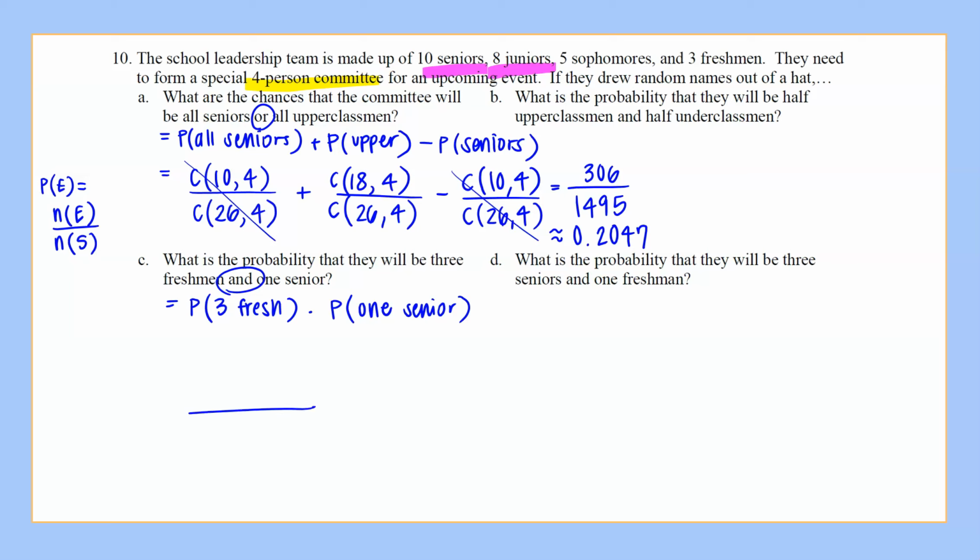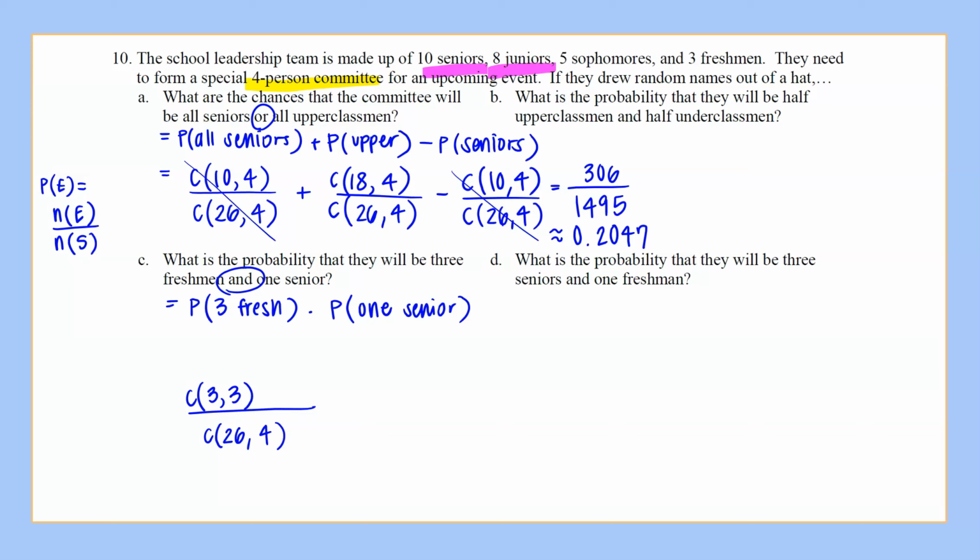For the denominator, the total number in my sample, how many different ways can I select a 4-person committee would still be the combination of 26, 4. Of the 26 students, how many different ways can I select 4 of them? In my numerator would just be the probability of 3 freshmen. So how many different ways can I select 3 freshmen? Of the 3 freshmen that I have, I would need to, of course, select all 3 of them.